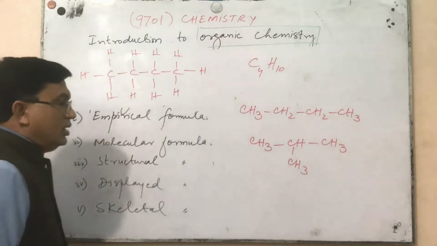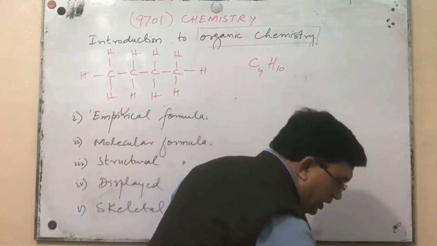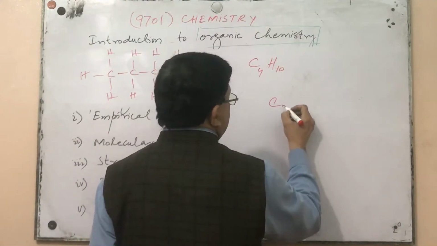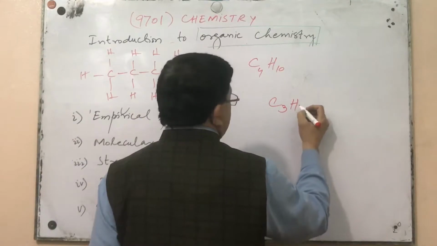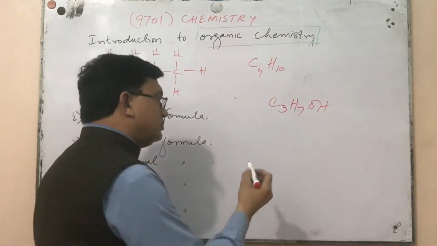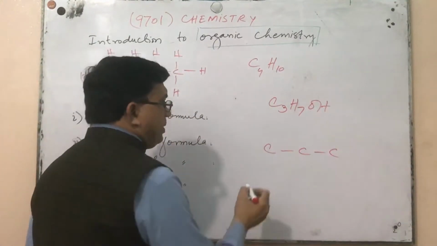For example, if I want to write down the displayed formula of propanol, CH3, C3H7OH, I will represent all these carbons separately.